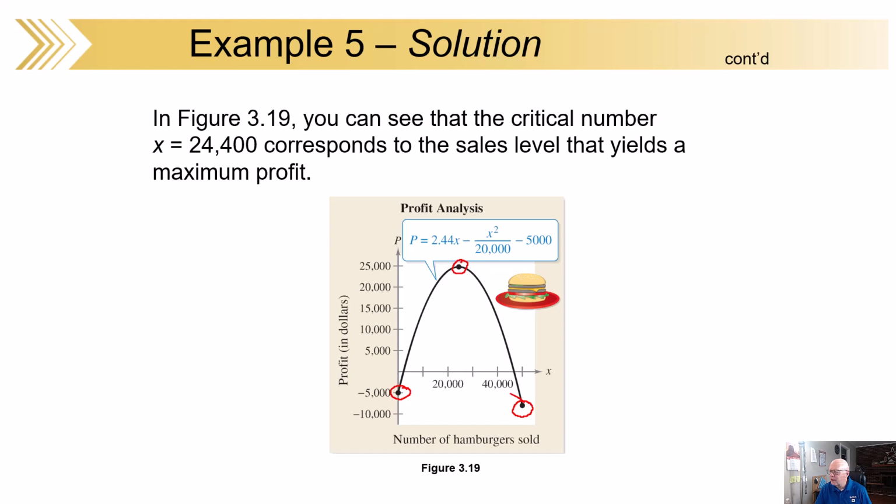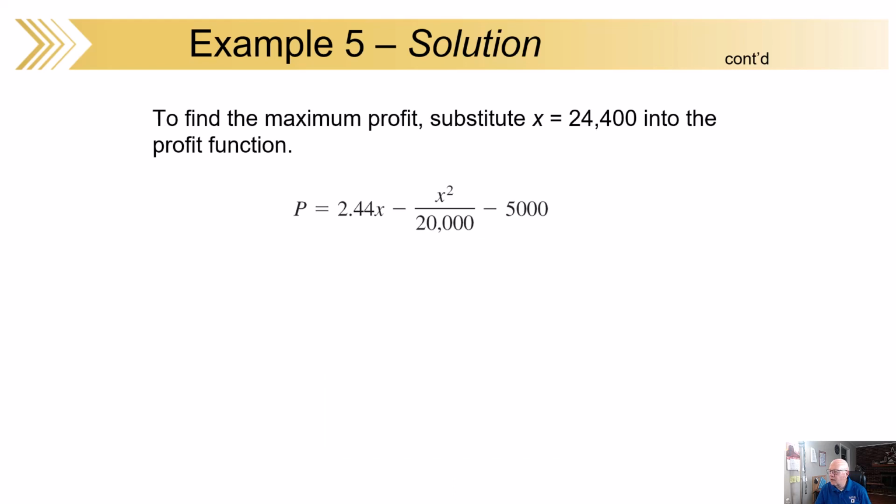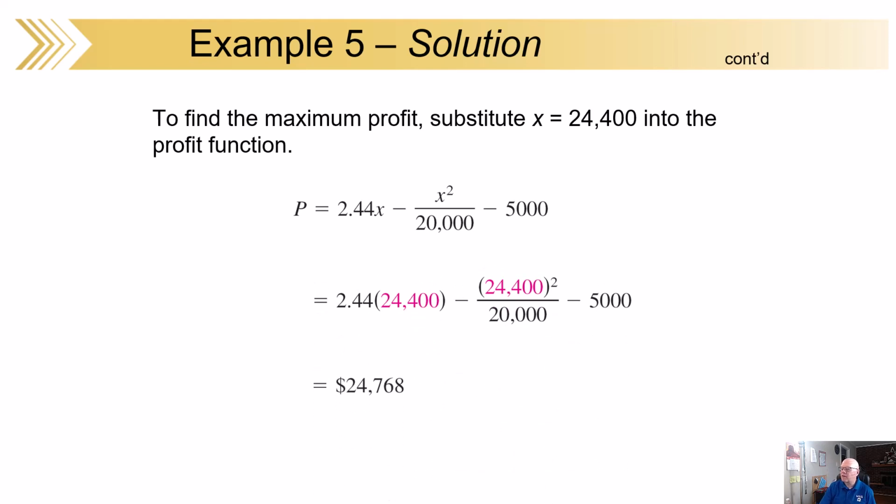Well, our function value is largest up here. Here's our maximum. So put the 24,400 into the profit function. And our maximum profit is $24,768.